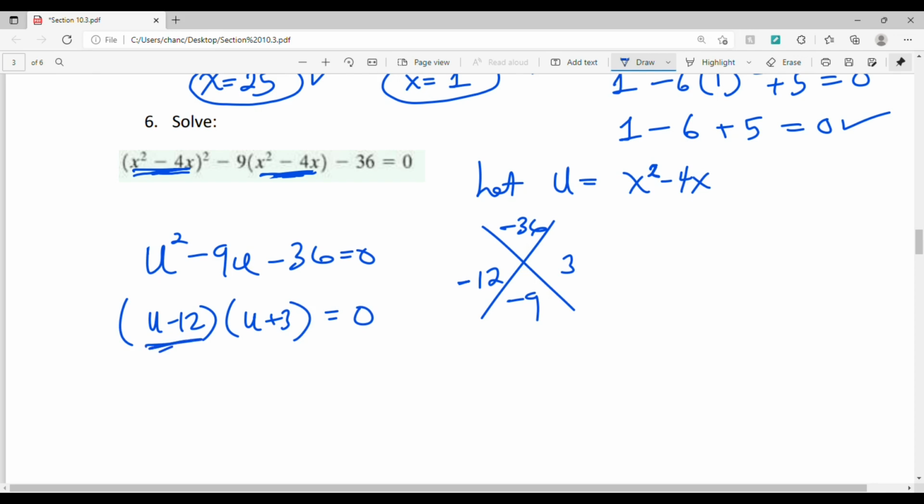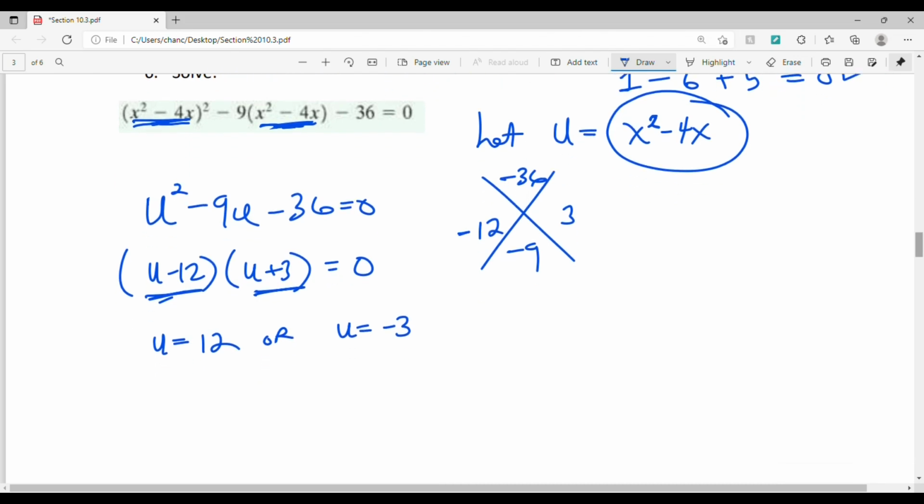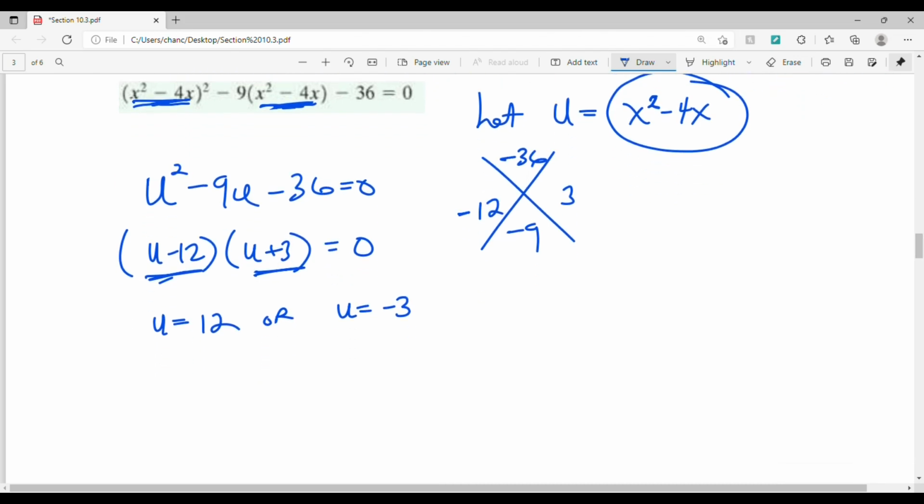Setting each of these factors equal to 0, you can see that u must be equal to 12, or u is equal to negative 3. But our u was originally x squared minus 4x. So I'm going to replace the u: x squared minus 4x equals 12, and then x squared minus 4x equals negative 3.